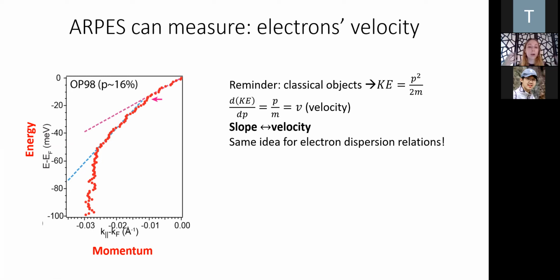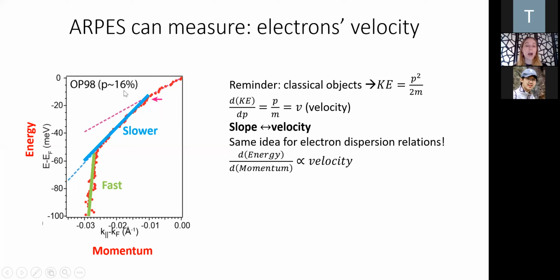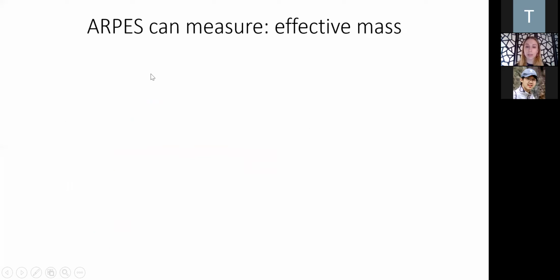Similarly for electronic dispersion relations, the slope, when you have energy plotted as a function of momentum, gives you velocity. For example, in these data here, the highest slope is over here. So electrons move fast when they are at this coordinate of energy and momentum. They move slower at these coordinates, and they move slowest at these coordinates.